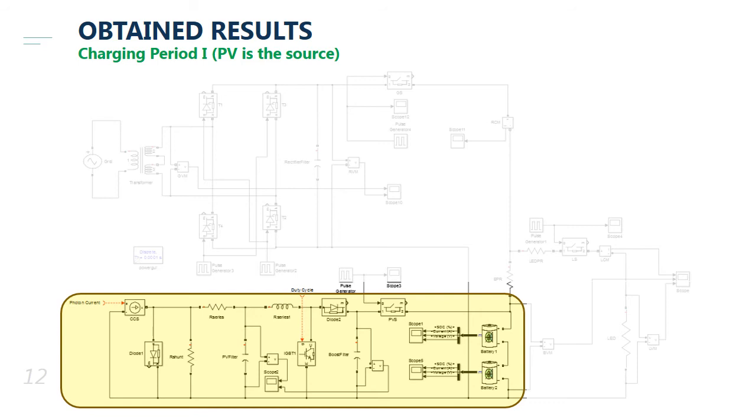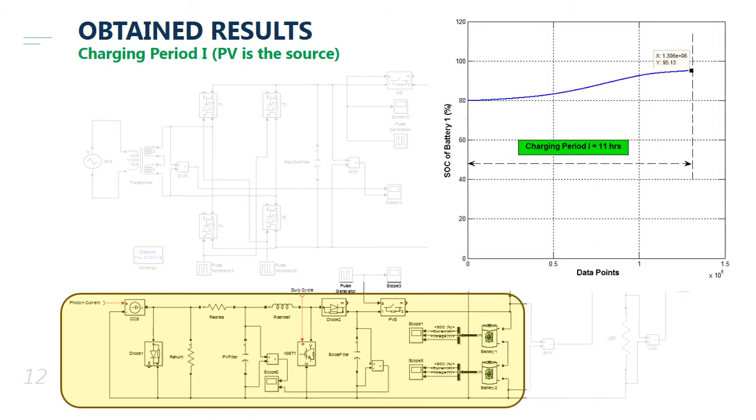The solar energy converted by the PV panels into electricity will be stored in the batteries. The state of charge starts from an initial value of 80% and gradually increases until more than 95% as shown in this figure.